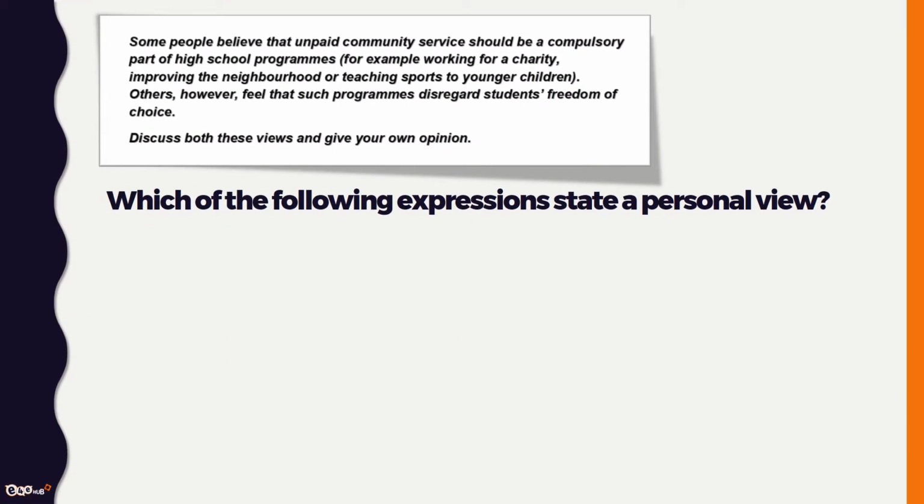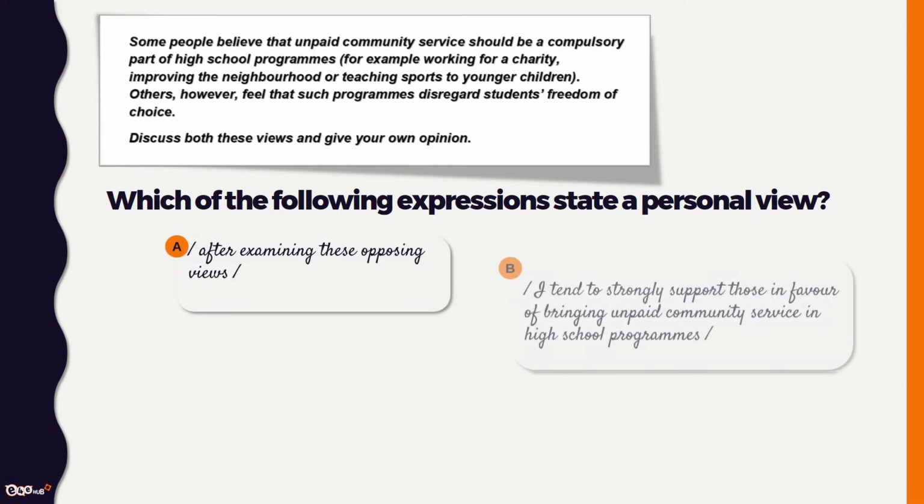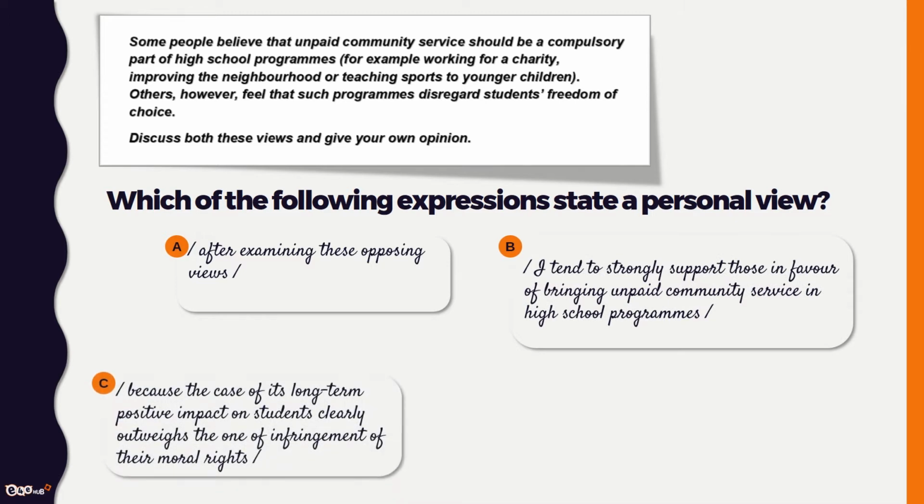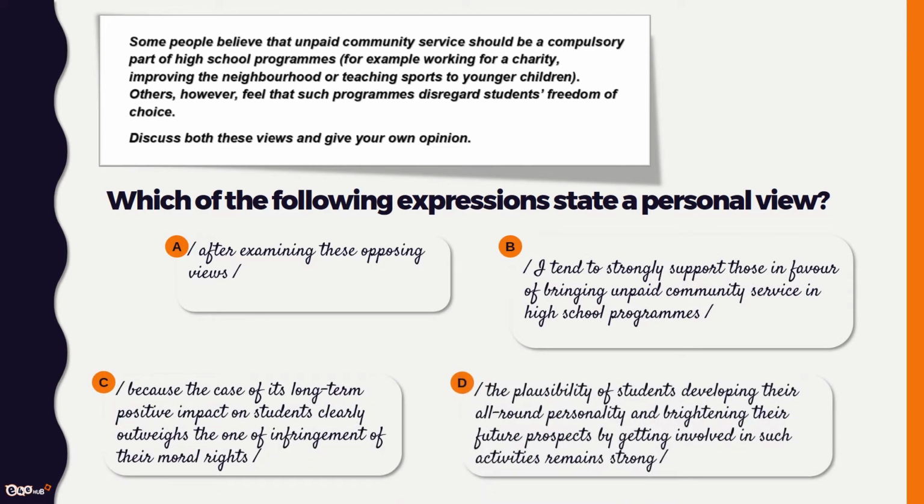Before we do that, I want you to read the expressions A, B, C and D. Take your time, read it. Tell me which of the following 4 expressions state a personal view of a writer. Is it A, after examining those opposing views? Is it B, I tend to strongly support those in favor of bringing unpaid community service in high school programs?